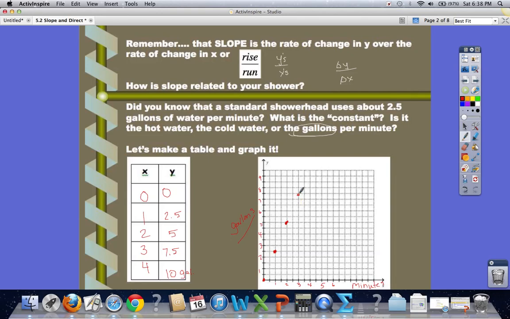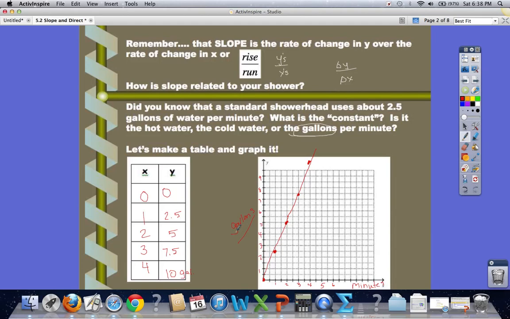And at 4 minutes, it would be 10 gallons, which would be off my chart. That's okay. We can put it way up here, about right there. And you can draw a line. You can see that this will make something linear. Okay, it's following the pattern. Okay, there's your linear graph.